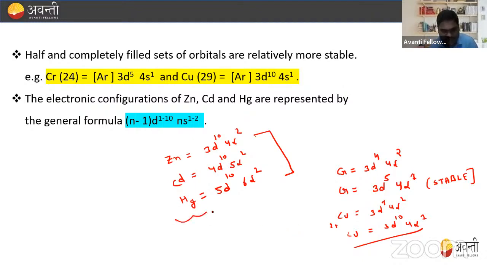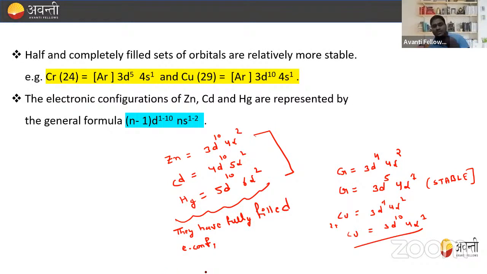So they have a fully filled electronic configuration, right?